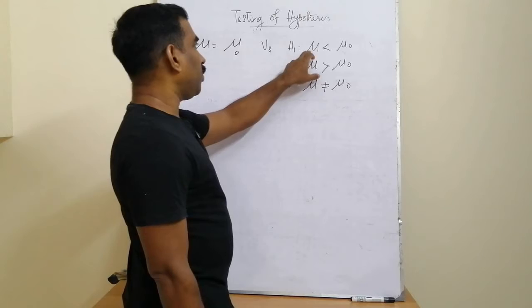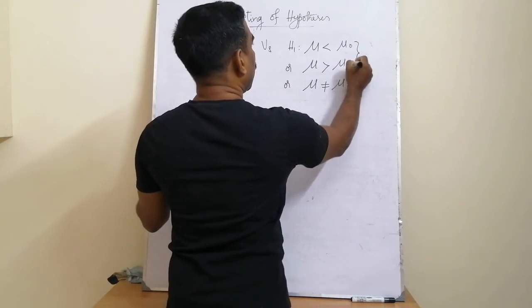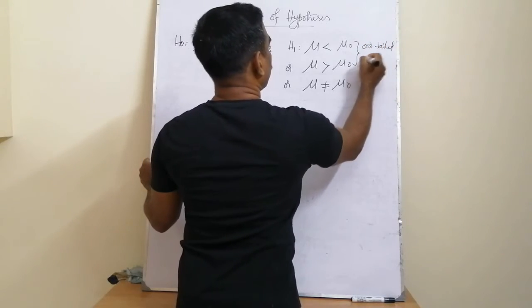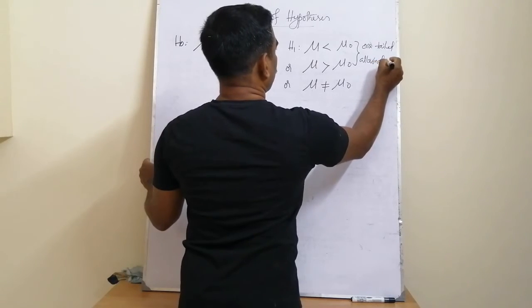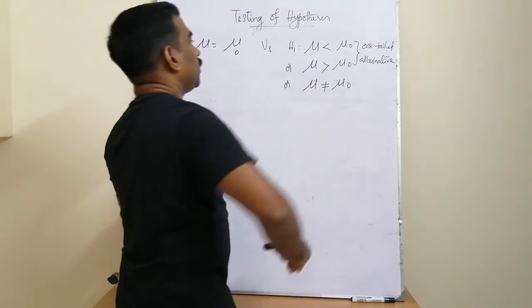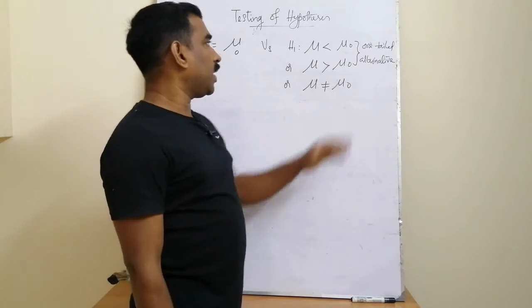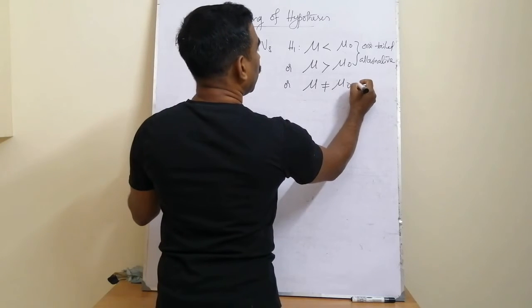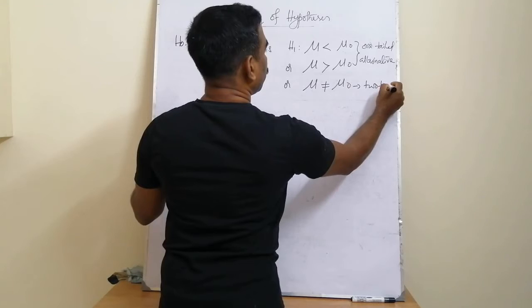If the hypotheses are mu less than mu naught and mu greater than mu naught, these two are called one-tailed alternatives, because the corresponding critical region or the rejection region has one tail probability, and for mu not equal to mu naught, it is called a two-tailed alternative.